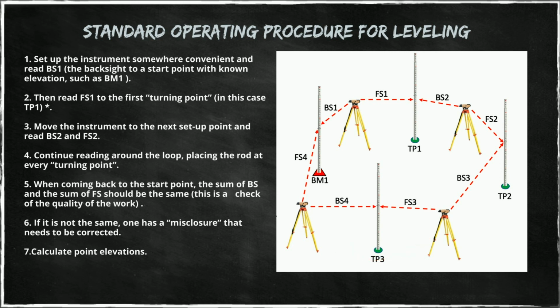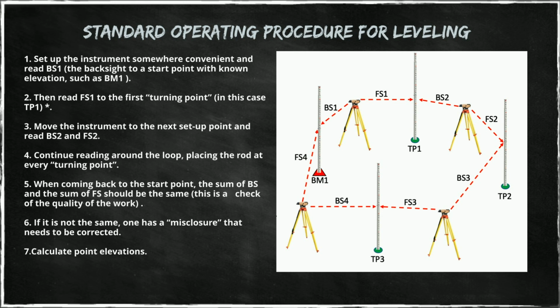Now, obviously, with these two readings, we can calculate the elevation of this point because we know, for starters, the elevation of this point. Then once we have this elevation, we can calculate the elevation of this point, and so on, and so on. That means when we come back to our starting point, we can recalculate the elevation of the starting point. Obviously, we should come back to the same elevation.